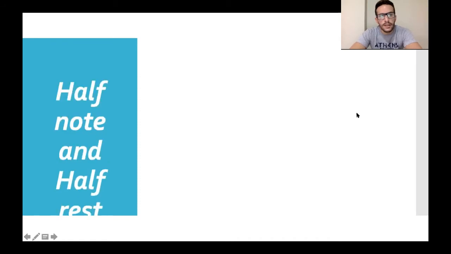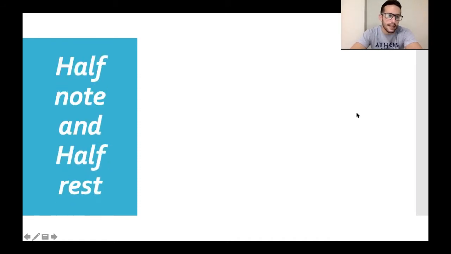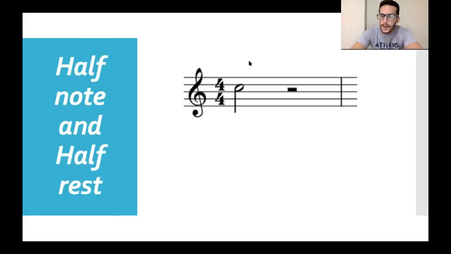Let's continue. We have here the half note and the half rest. Now the half note looks like this. It's a circle, but with that little stem. Okay, it can go down like here, or it can go up depending on where you put it on the staff. And this is the half rest. Now, it's also a black rectangle, but it's different from the whole rest.